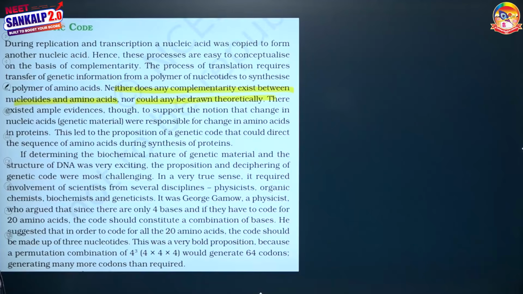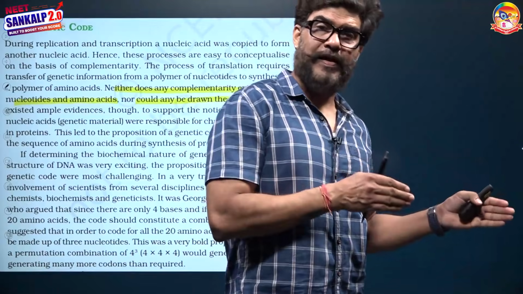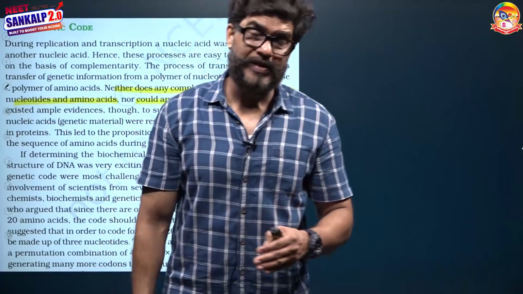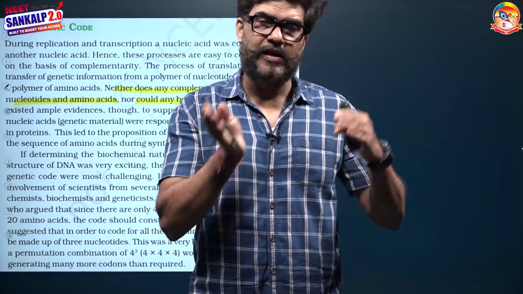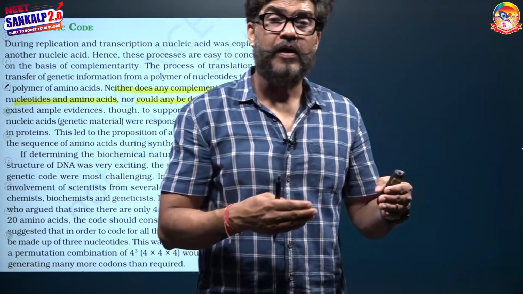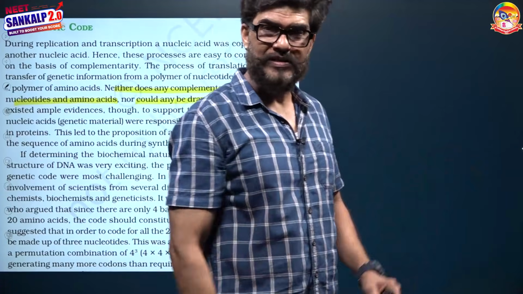Therefore, nucleic acids were responsible for the change. There are some examples which suggested that a change in the nucleotide sequence leads to a change in the amino acid sequence as well. So it means the sequence of nucleotides determines the sequence of amino acids, but how did it happen, because nucleotides have no complementarity for amino acids.